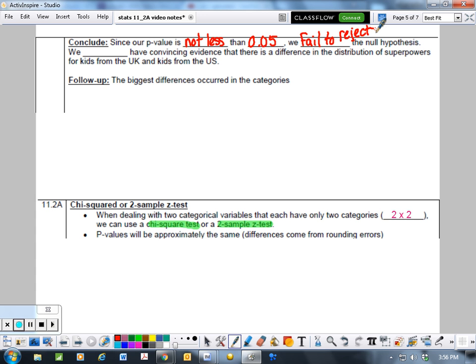The null hypothesis. We do not have convincing evidence that there is really a difference in those distributions. So that could have just happened by chance. Now, if we look back at our components, our biggest differences happened in telepathy. Now, it wasn't enough of a difference, but that's where we saw our differences really were in telepathy. Those were the biggest values.